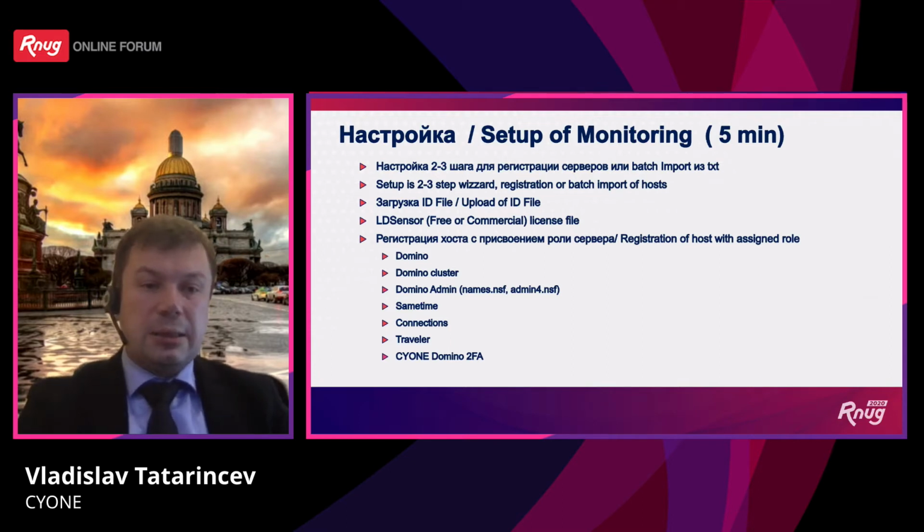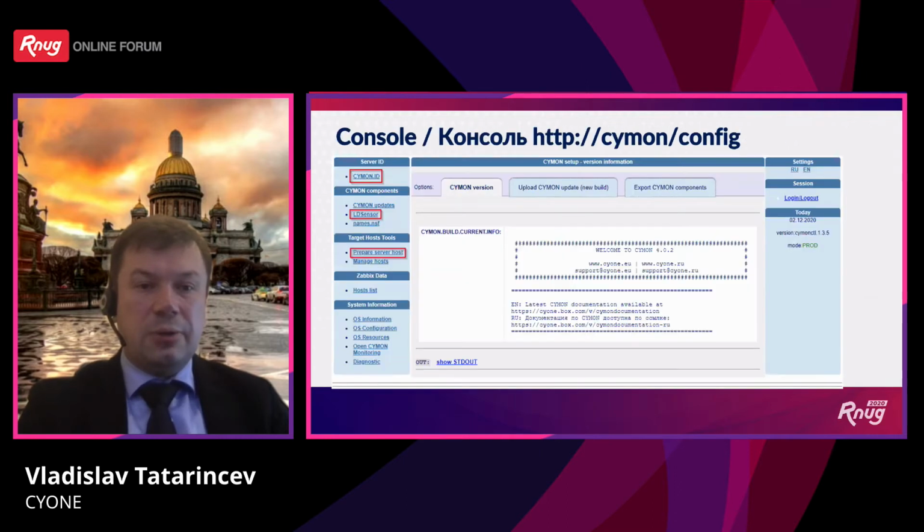You can correct some troubles, and registration of the host. For that, you also need to fill in one registration form. We will register this host and you will have some role. It's very easy, simple. Once you have imported the monitoring, we will connect to the web console, CYONE ID.